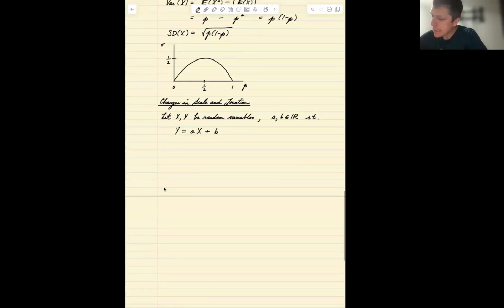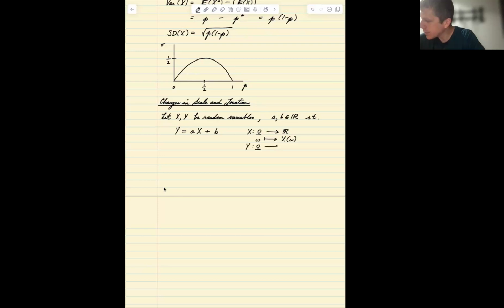Okay, what does this mean, just to be clear? So remember the definition of random variable. A random variable is a function from the sample space to the real numbers, right? So this means that for every sample point, there's some output X of omega.